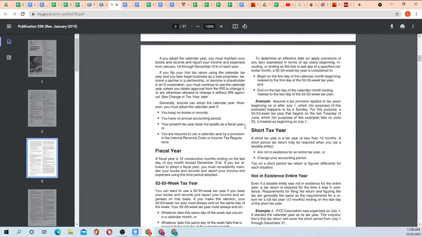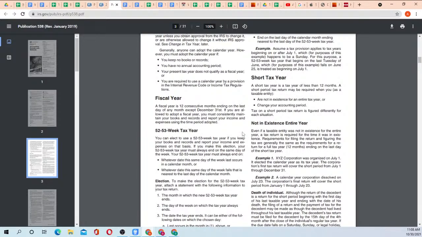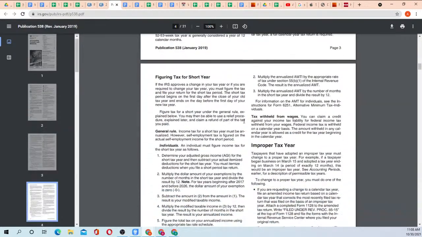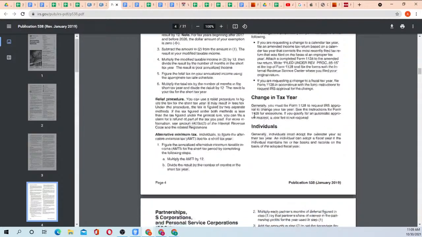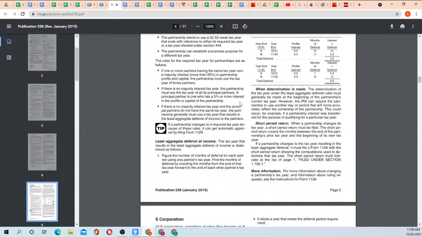But that's probably enough to know by now about that topic, because most of the time small businesses and other businesses have a calendar year. Only in rare circumstances they change the year. But some big companies also have different years. I believe Apple has a different year from the calendar. Changing a tax year.